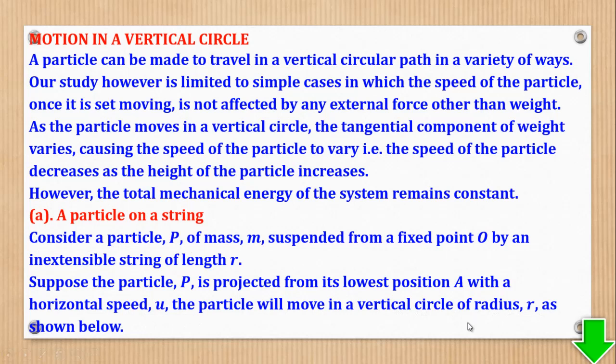Previously, for horizontal circles, we have been saying that the magnitude of the speed is constant, does not change. But when it comes to motion in the vertical circle, because acceleration due to gravity acts vertically downwards, the weight of the particle will cause the velocity to keep on reducing.